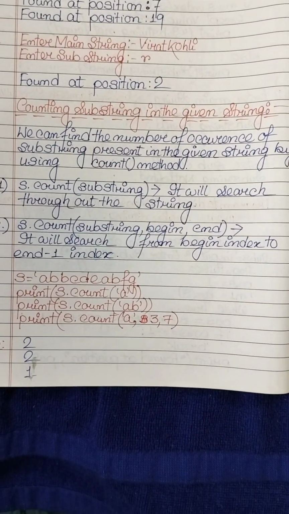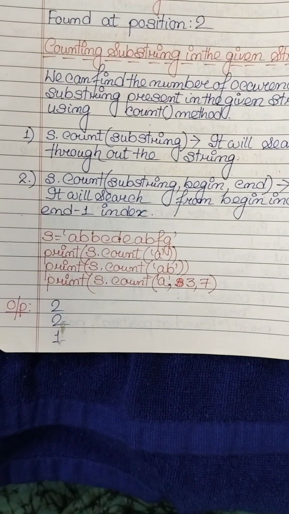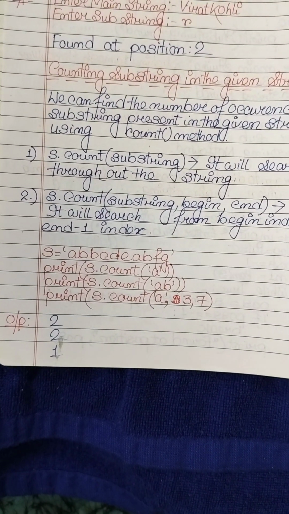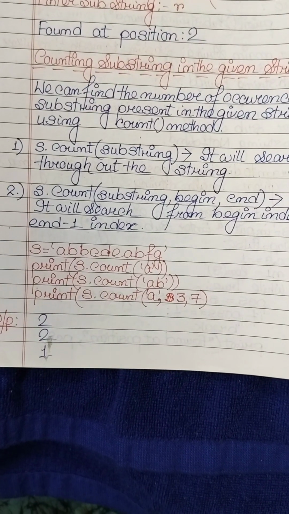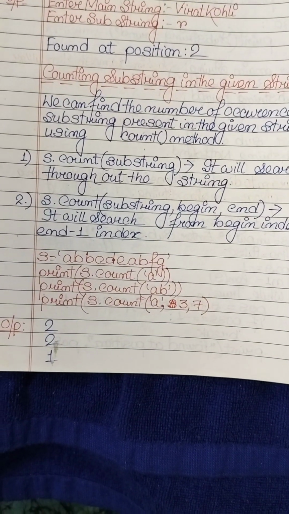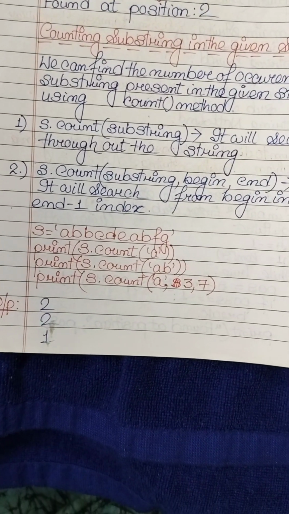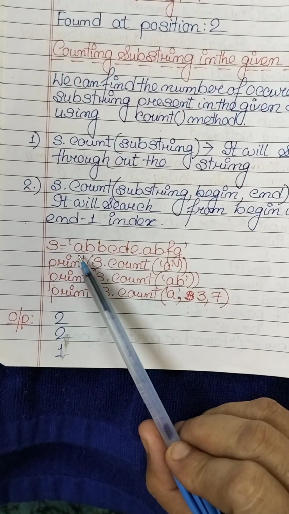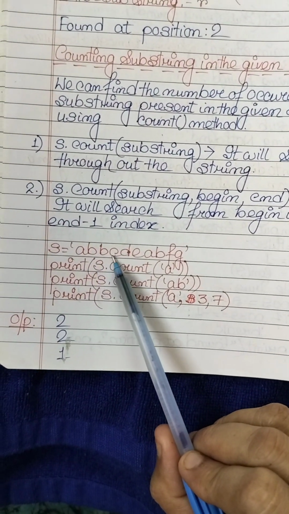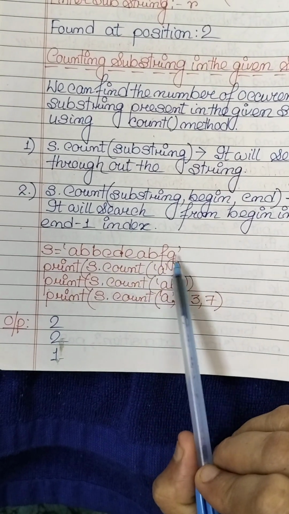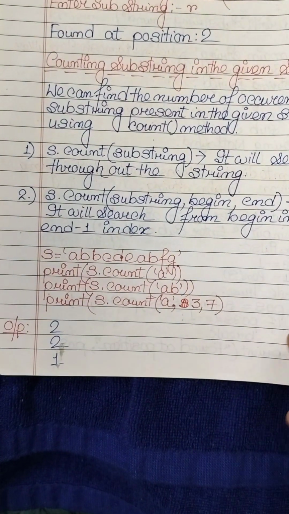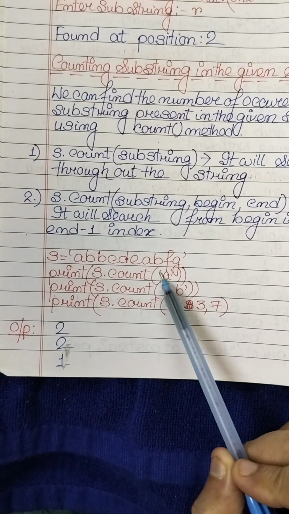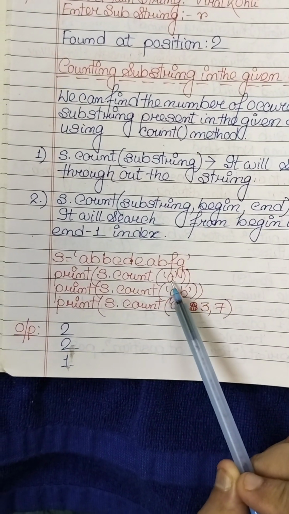So friends, let's take an example that will clearly describe the s.count function and counting substring in the given string. So s is the variable in which I have written a, b, b, c, d, e, a, b, f, g. This is the total string. Print s.count('a').